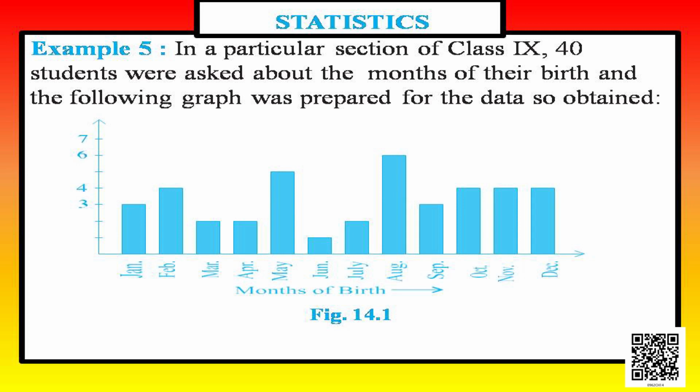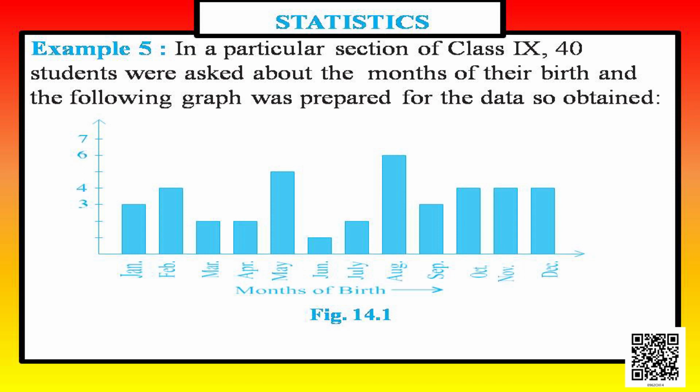Look at the graph here. Along the horizontal line we have written months of birth, and along the vertical line we have written number of students. Check, in the month of January we have 3 students. So, it is marked along the line 3, and in the month February we have 4 students.